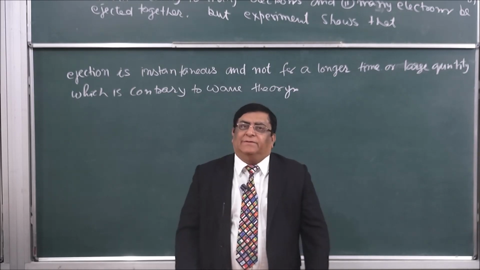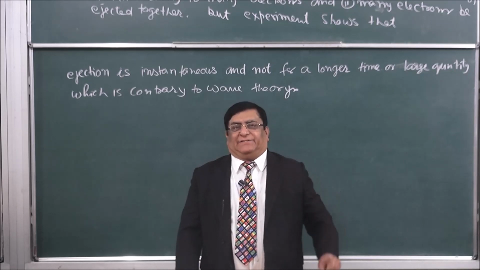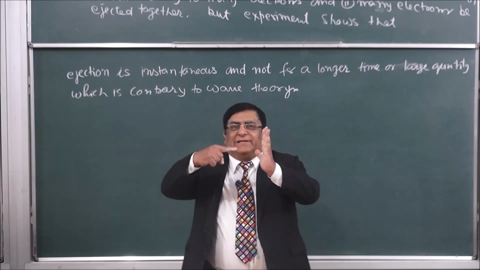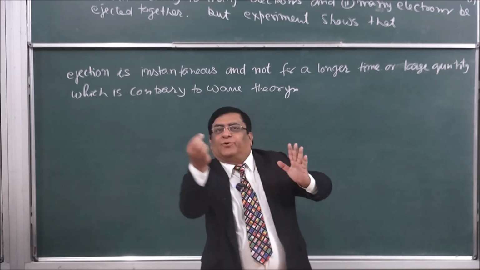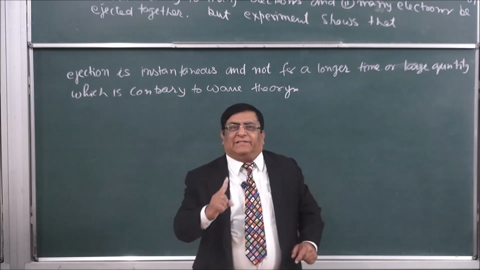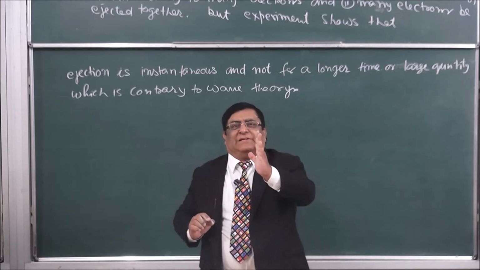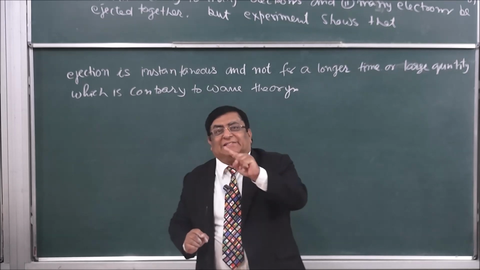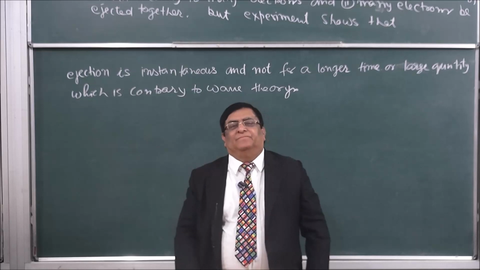But when there is an interaction between a material and the light, a light strikes a metal, an electron is ejected. Whenever there is an interaction between light and the material, it shows its material nature, its photon nature.